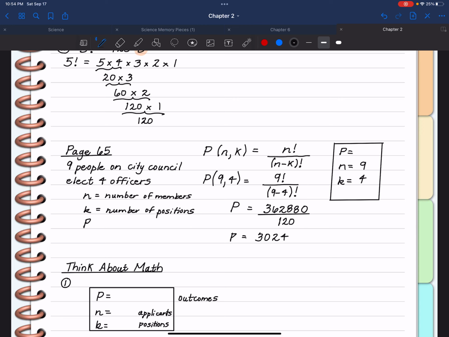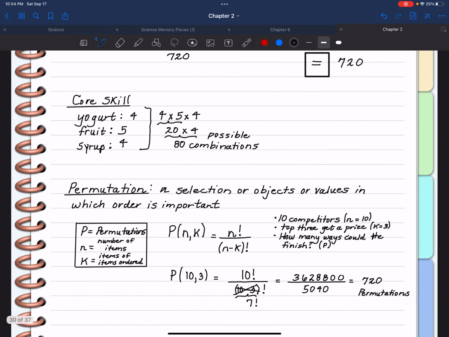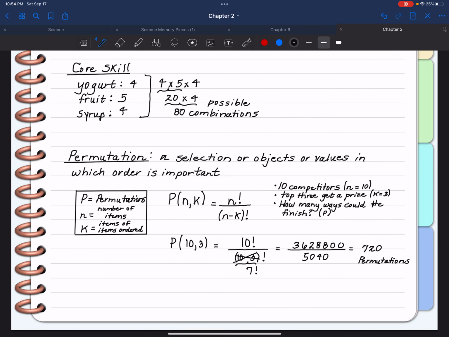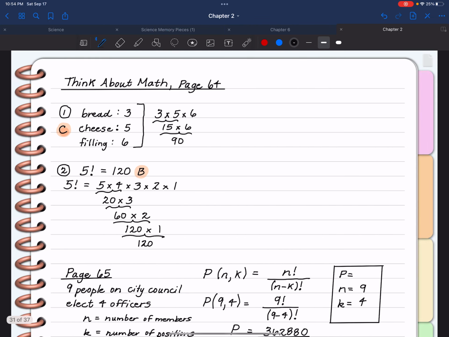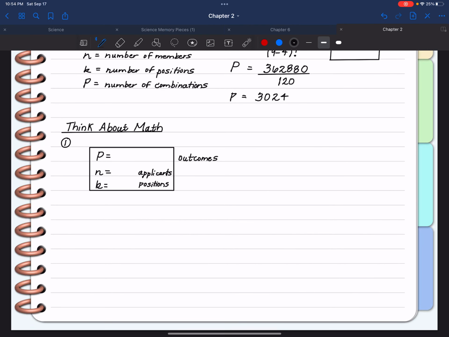And P, capital P, was the number of possibilities, or the number of combinations. So that same pattern is holding through all of these. If you look back at this one that we did, the competitors, that was the number of competitors. The K was the number of positions that mattered, and then P was the number of combinations to finish. So it's that same sort of pattern over and over.